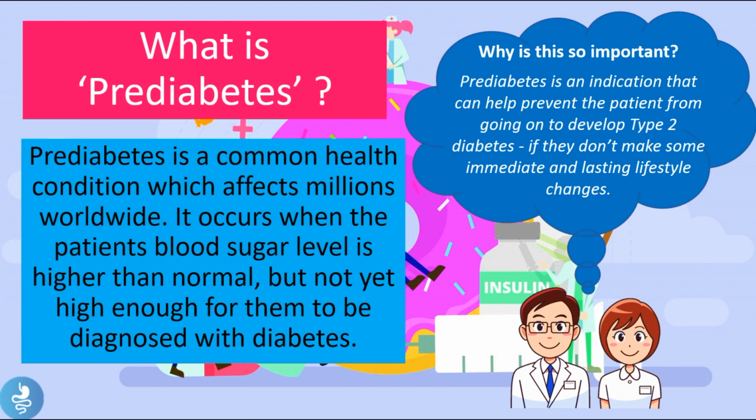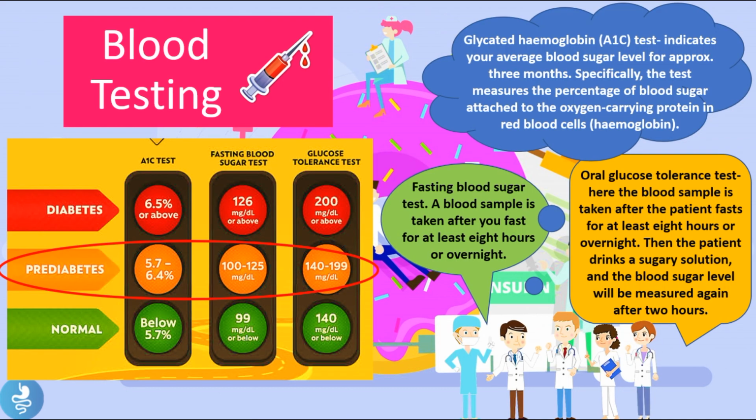So now that we know what prediabetes is, let's take a closer look at the specifics of the disease. So blood testing. There are three main blood tests which we can do. The first one is the A1C test, which is the glycated hemoglobin test, and this indicates your average blood sugar level for approximately 3 months. Specifically, the test measures the percentage of blood sugar that is attached to the oxygen-carrying protein in the red blood cells called hemoglobin.